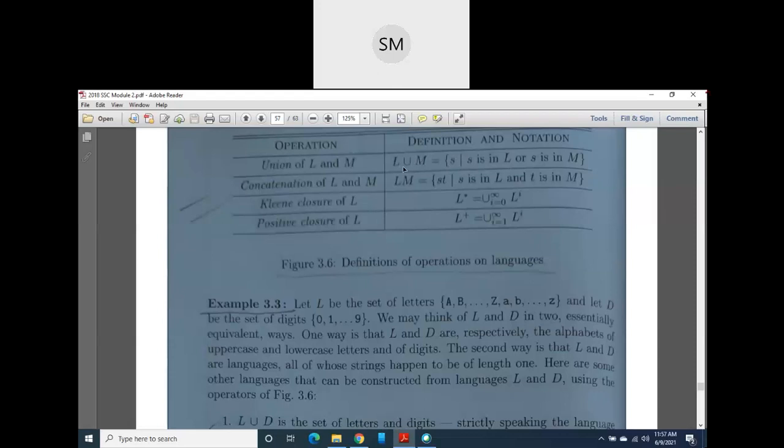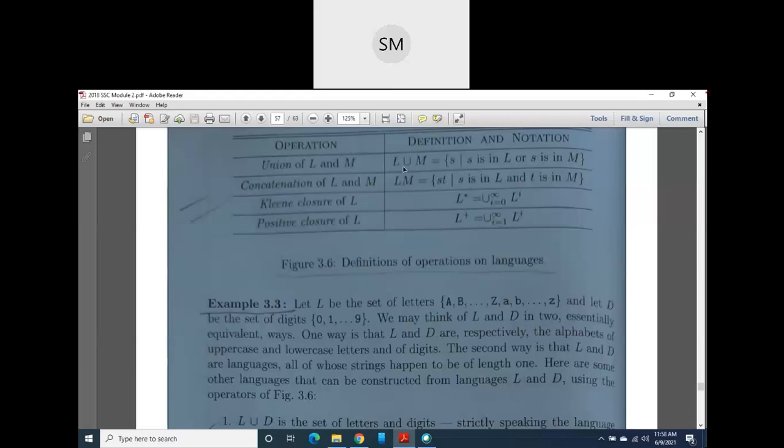A and B are two sets. A contains the elements 1, 2, 3. B contains 3, 4, 5. In both sets, 3 is common. Once you union them, A union B will be 1, 2, 3, 4, 5. Instead of writing 3 two times, we have taken it only one time.